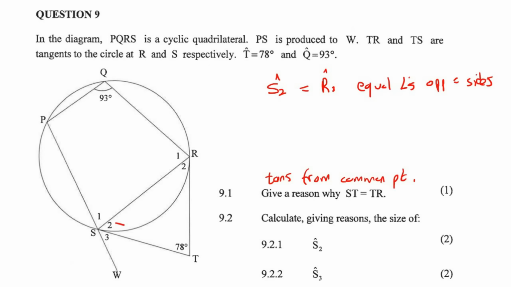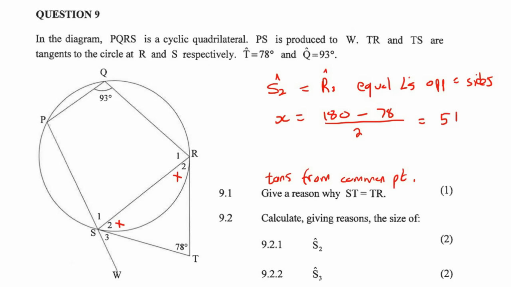So if, for example, S2 is x and R2 is x, then to work out x, you could just say 180 minus 78, and then you divide that by 2, because they're both going to be the same. And if we work this out, we end up with 51 degrees.